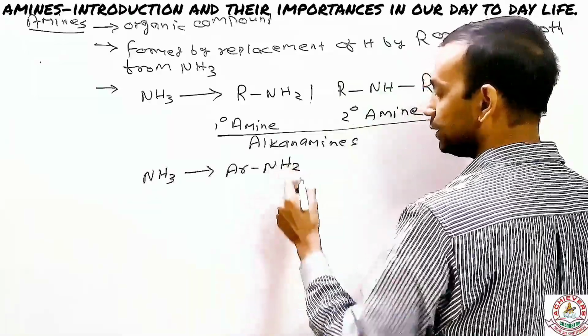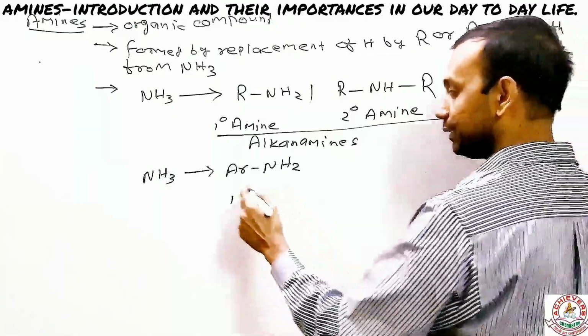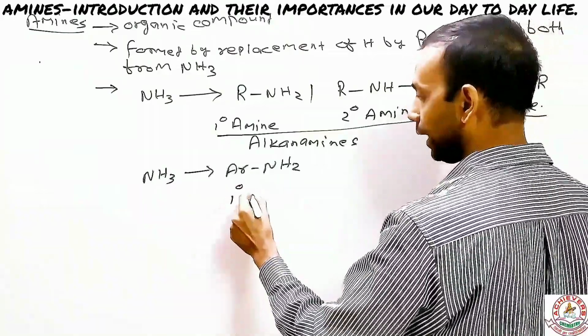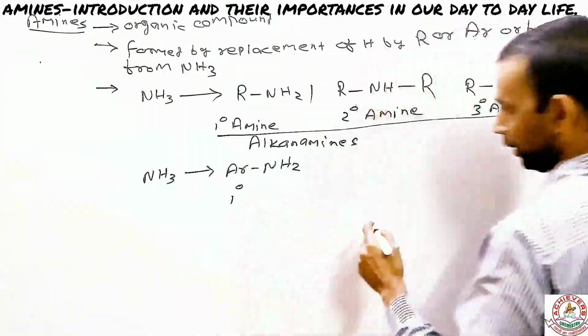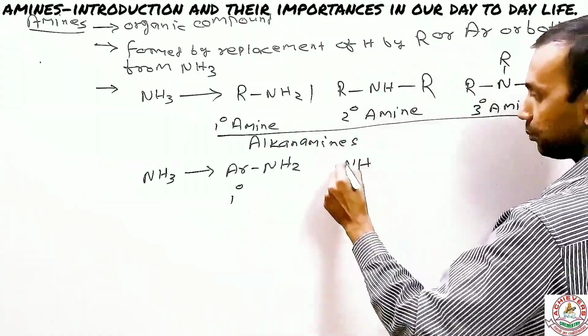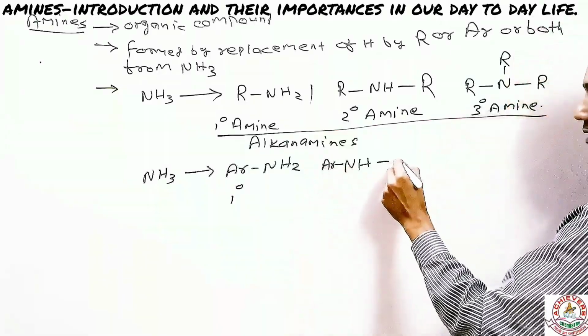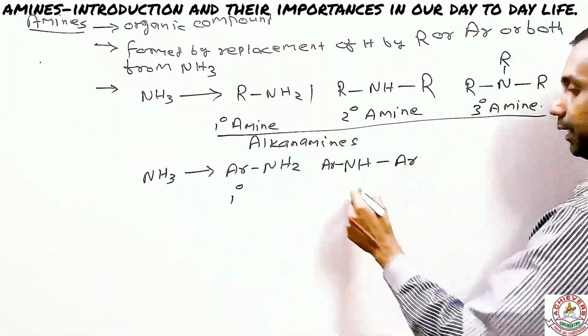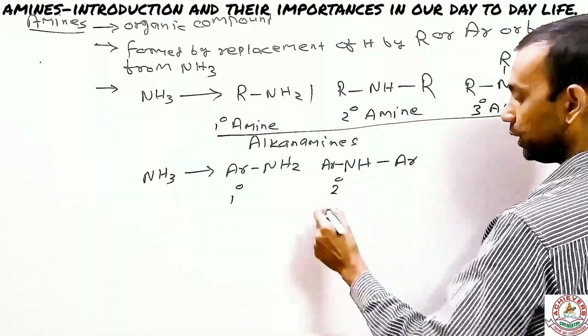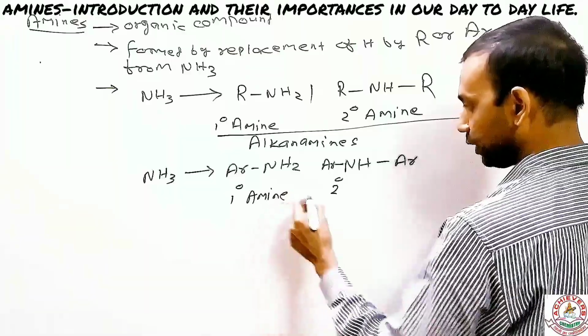ArNH2, now you have to understand that this is a 1 degree aryl amine. Similarly, this may be something like this where both of the sides are occupied by aryl. So this is your 2 degree amine, while this one is 1 degree.